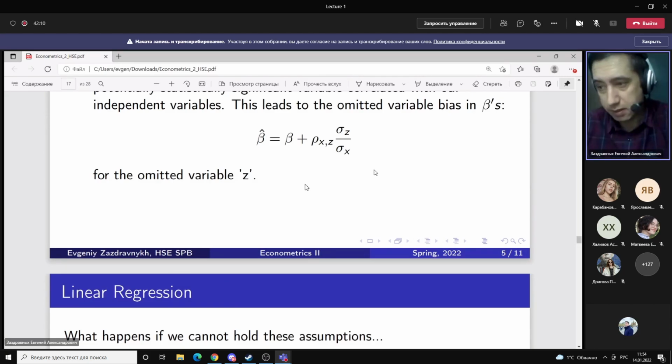Even if you find a brilliant survey which measures all of this, probably there are other unobserved determinants which are unknown to us.